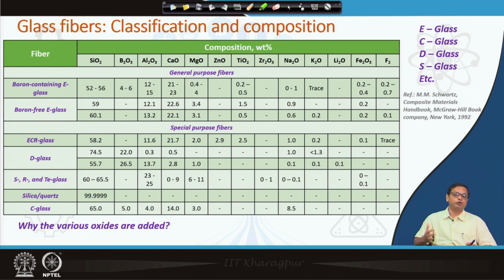The moment you add these different oxides and make it glass, the melting point easily comes down by 300 to 400 degrees Celsius. So, a lower melting point makes it easier to make glass fiber ultimately. Okay. So, the oxides are added for 2 different reasons. Number 1, to have certain properties at a higher value, and to reduce the melting point, so that fabrication or synthesis of glass fibers by the melt spinning method becomes easier, right.